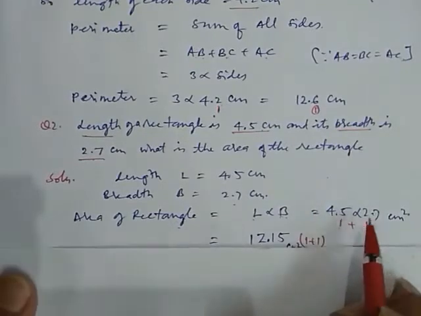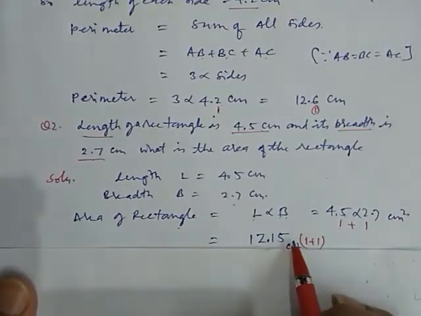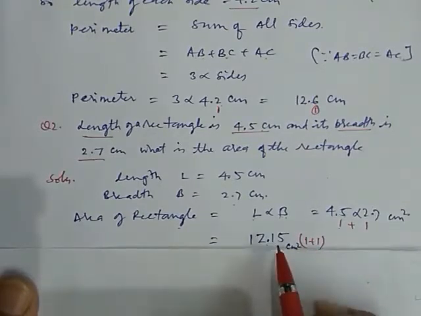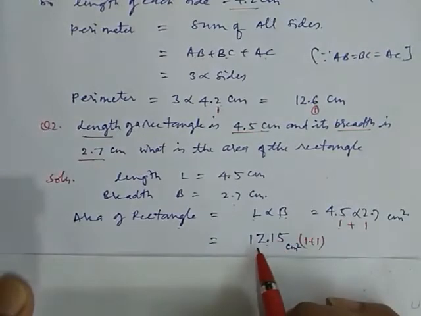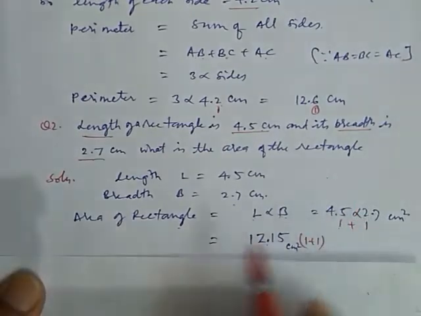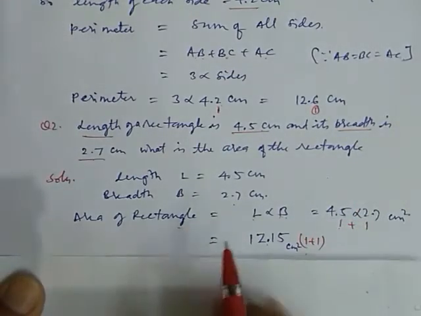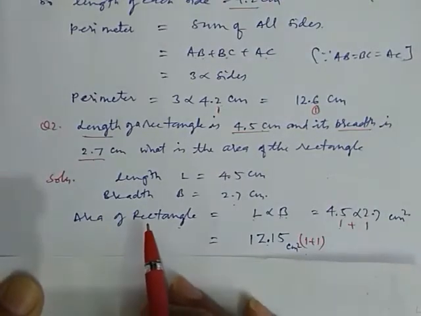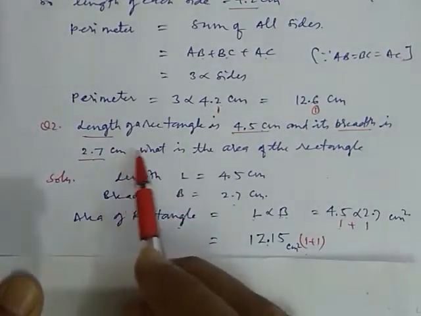When we multiply them, we get 1215, and before two digits we put the decimal, so directly we can write 12.15 centimeter square is the area of the rectangle. So this way we learn how to multiply decimal numbers, and we can use this to solve our problems.